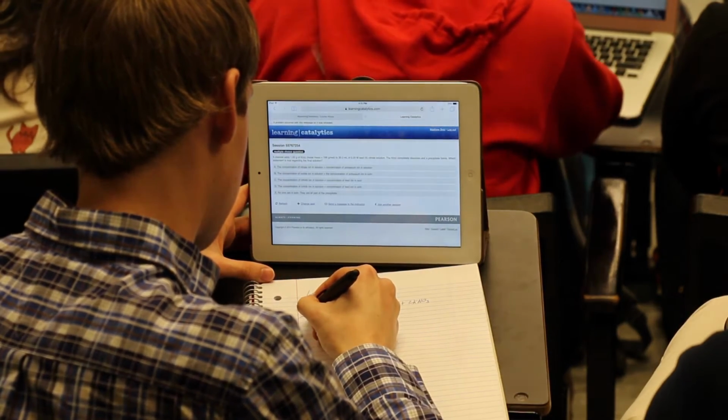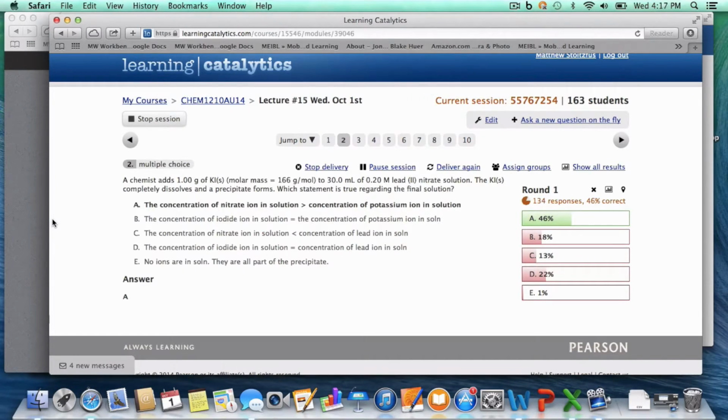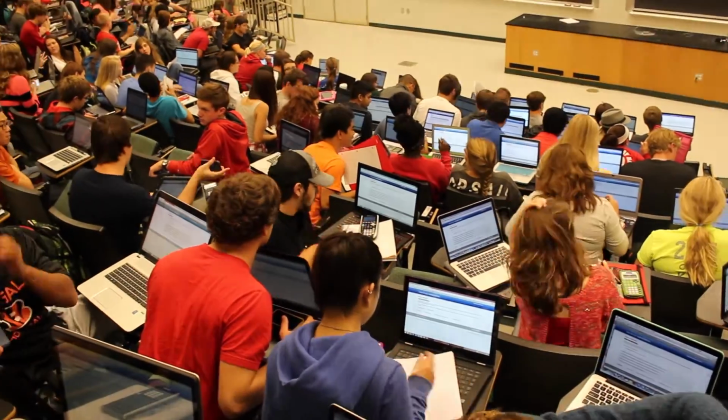We can now engage in group learning environments or peer-led learning environments. I use a program called Learning Catalytics, and what Learning Catalytics does is I will deliver the student a question, and they will answer it individually first to get some ownership into that question. Then I'll group them together based on an algorithm that Learning Catalytics uses, which puts them into the best groups for group discussion.